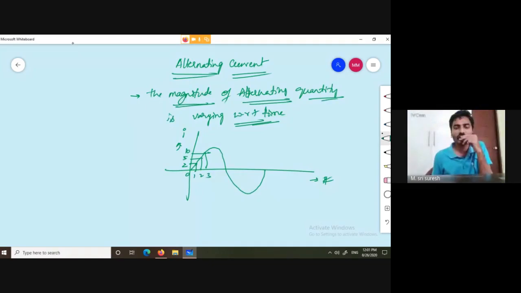So at each and every time interval the current is varying, altering with respect to time. That's why it is called alternating current. The current looks like a sine wave, so an example of alternating current is a sine wave.